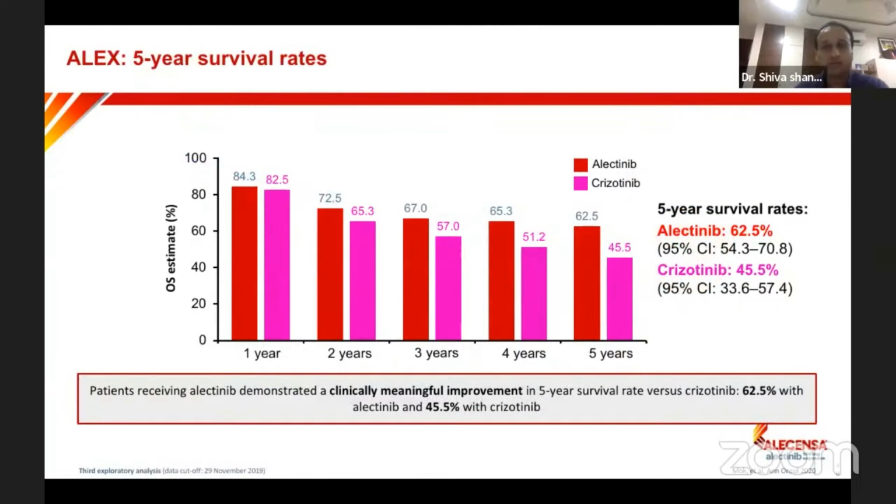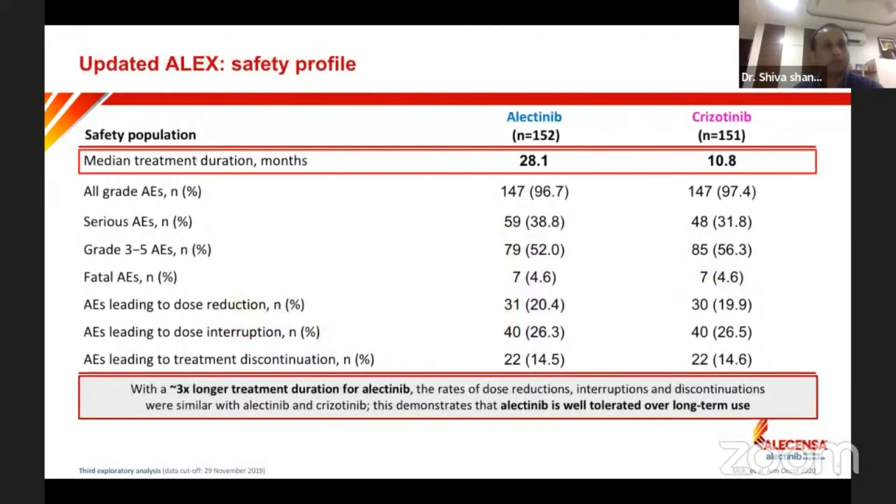At 1 year, the survival rates are almost similar. But as we move towards 3, 4, 5 years, there is a difference between alectinib and crizotinib. At 5 years, 62% with alectinib were alive compared to 42% with crizotinib.